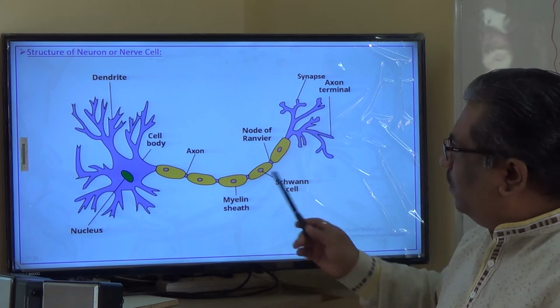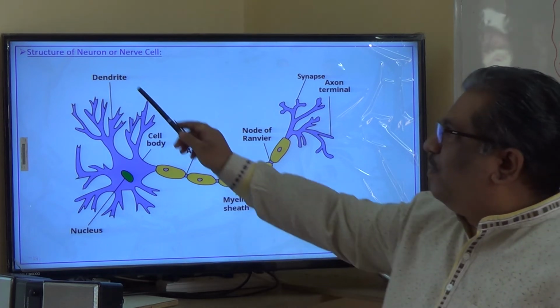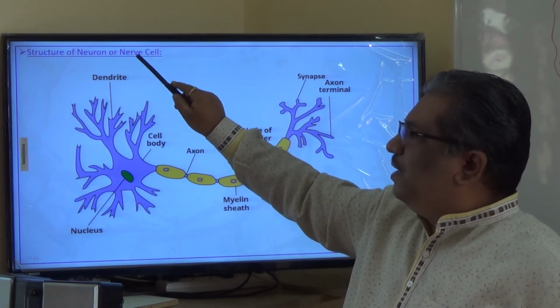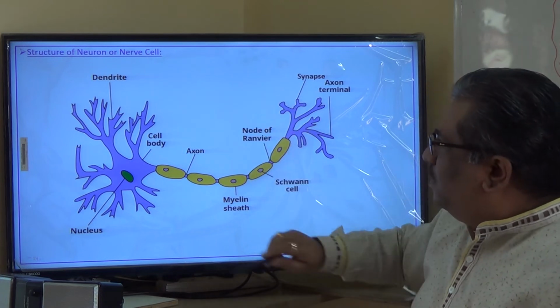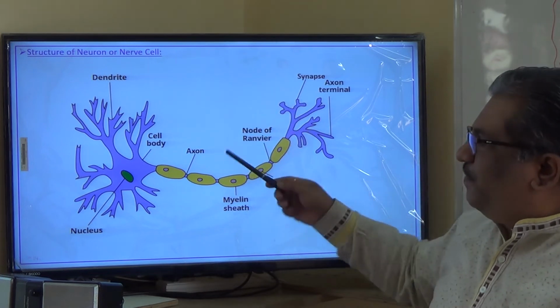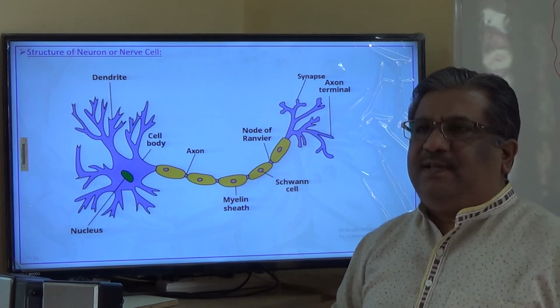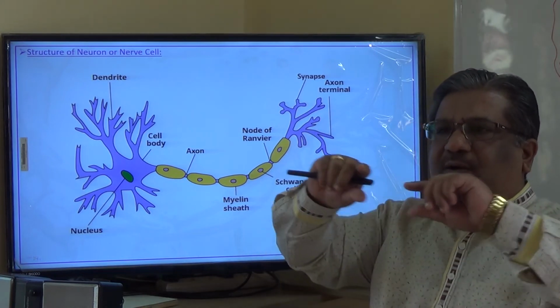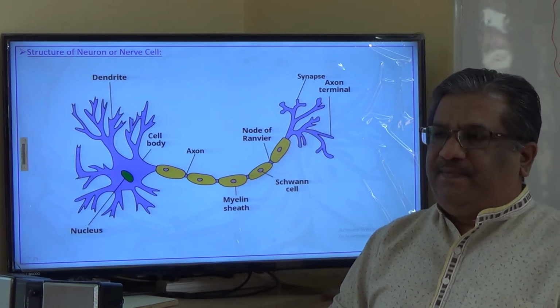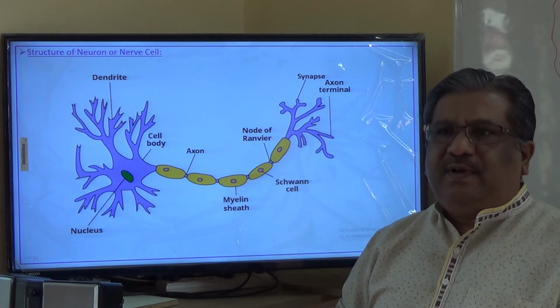This is how a neuron looks. Neuron is also called a nerve cell, but its structure is different from other cells. For example, you must have seen the muscle cells, which are elongated and tapered at the ends. Sperms have a head and tail.